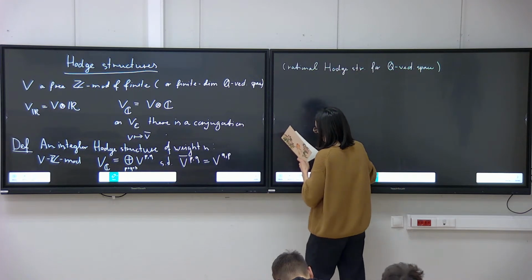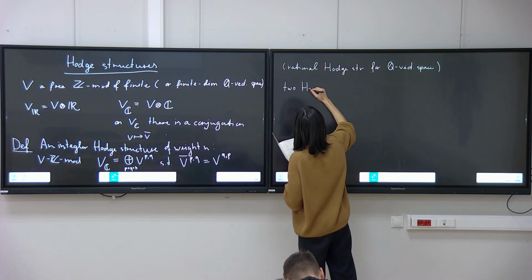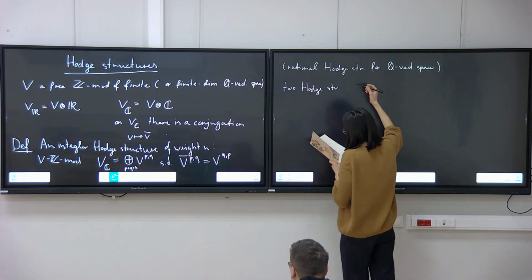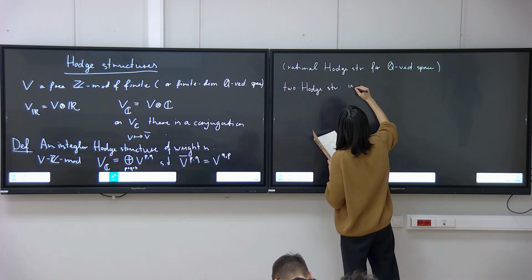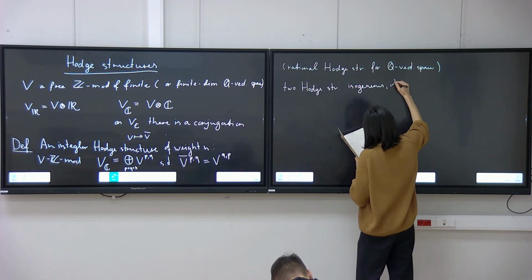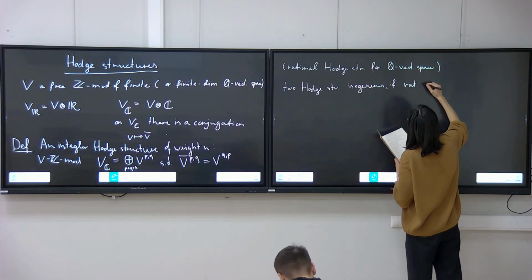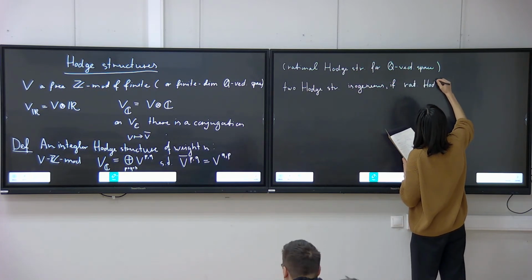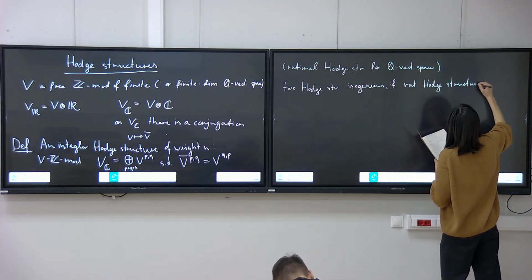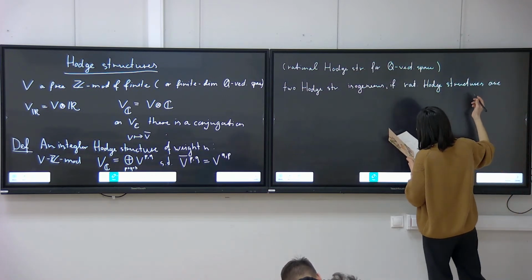Okay, and we say that two Hodge structures are isogenous if the corresponding rational Hodge structures are isomorphic.